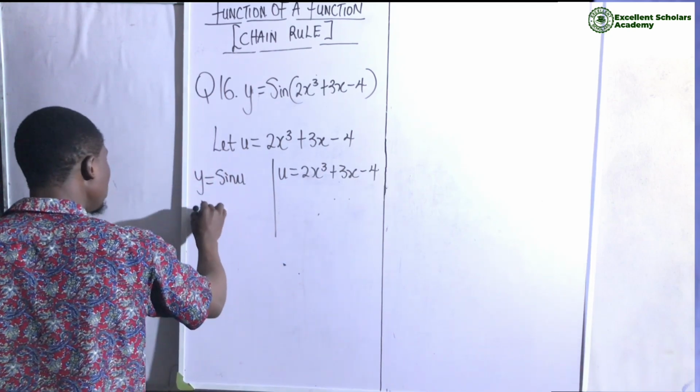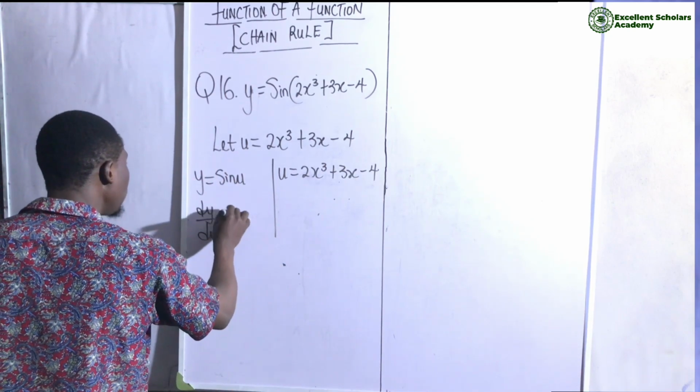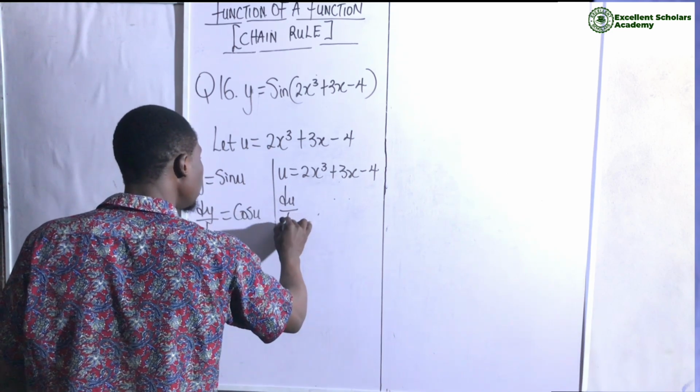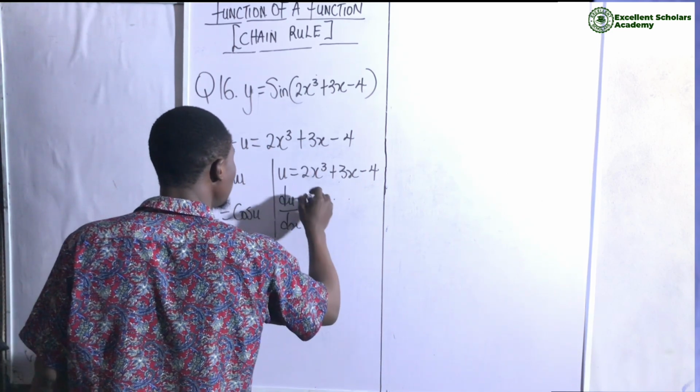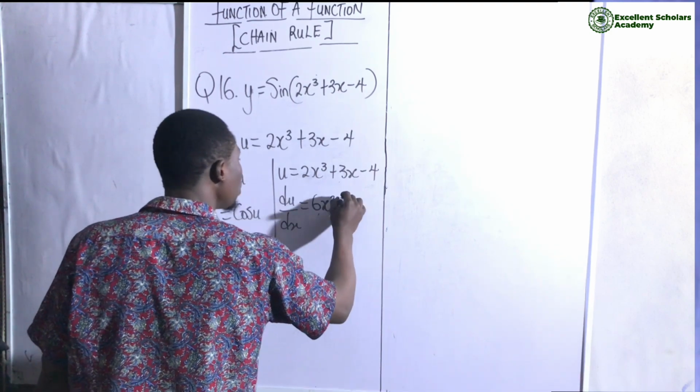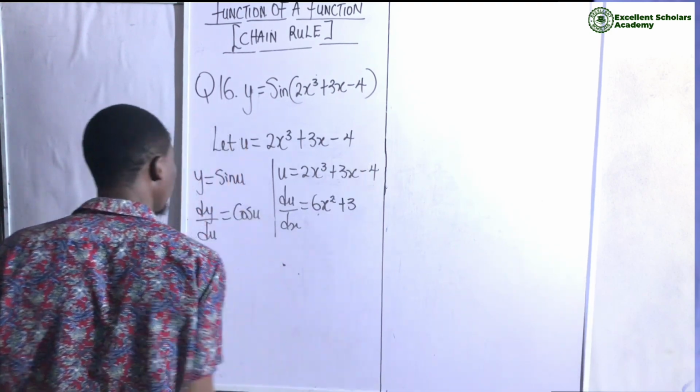Now differentiate this part, you have dy/du. If you differentiate this, you have cos u. Now differentiate this part, you have du/dx, which is going to be 3 times this, that gives us 6x squared. Differentiate this, that gives us 3. Differentiate this, gone, 0.